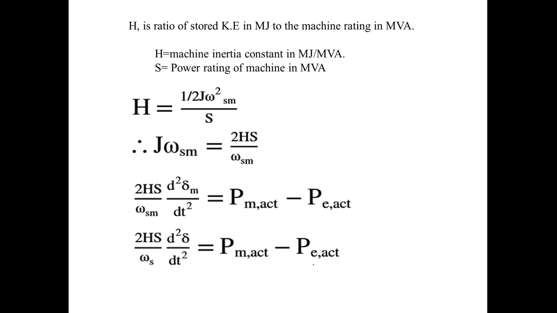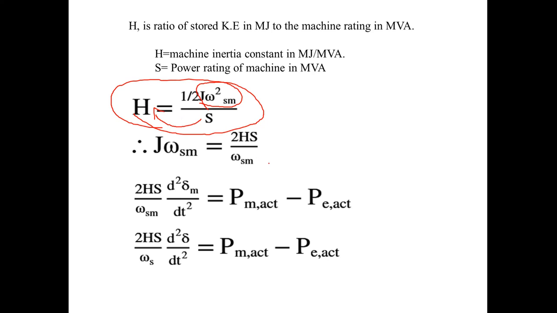As I told already, inertia constant is the ratio of stored kinetic energy to the machine rating. The machine power rating is represented by S. So this is the formula we derived. From this, I'm just keeping this J ωsm² as it is, and the remaining will be this side.